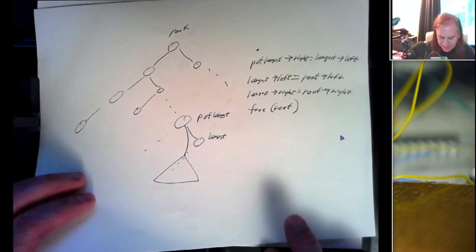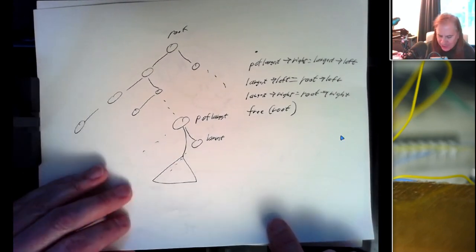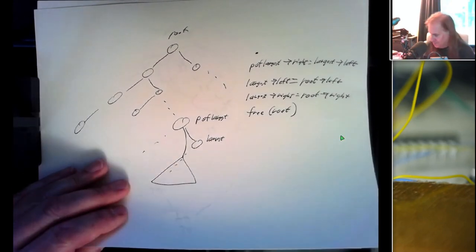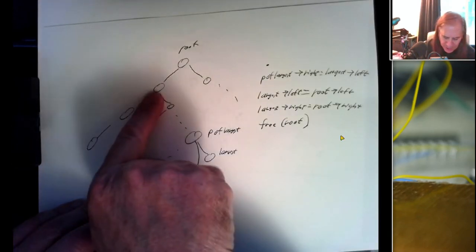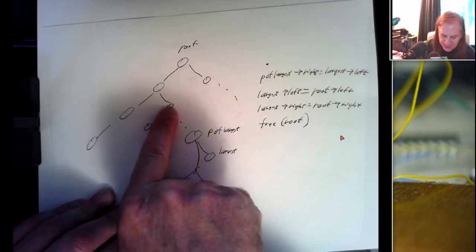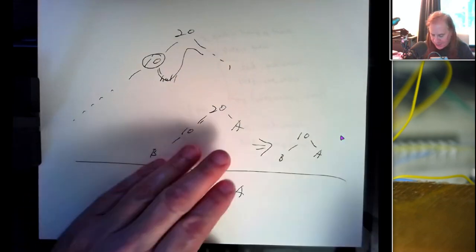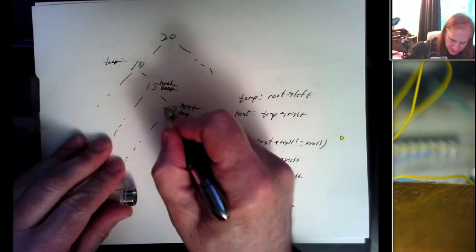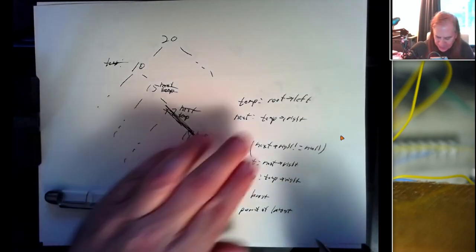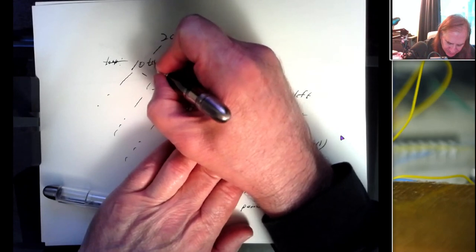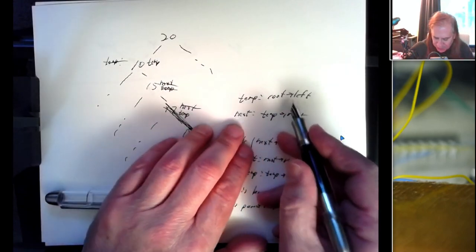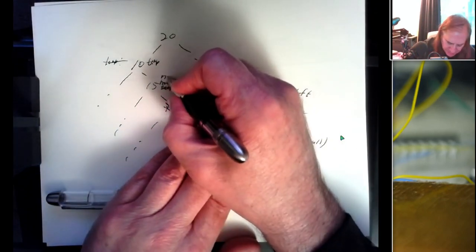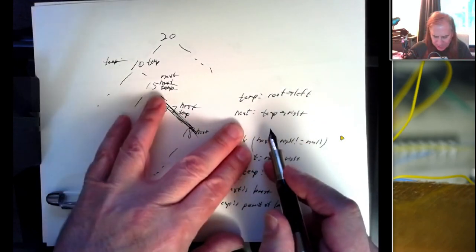But as long as there's a root of the left subtree and at least one child to the right of that, our general algorithm is going to work. So if our tree looked like this, we would start off with temp being the root's left and next being that node's parent.